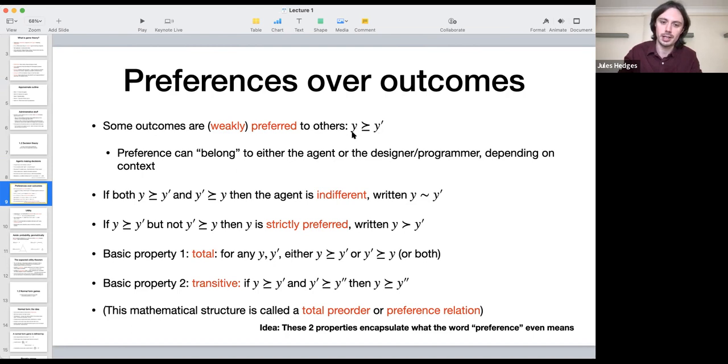This is something like the agent thinks that getting the outcome y is at least as good as getting the outcome y prime, so they're at least as happy. And it can be the case that we have two outcomes and the agent is at least as happy with either as the other, in which case we're going to say that the agent is indifferent, and we're going to use this notation for that.